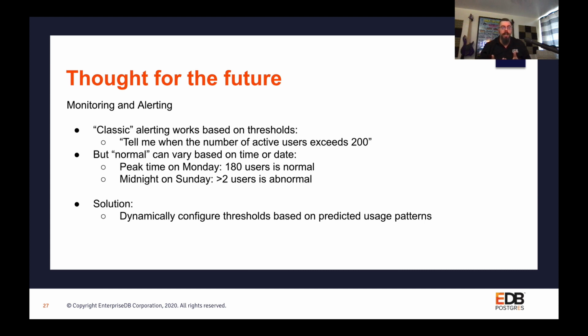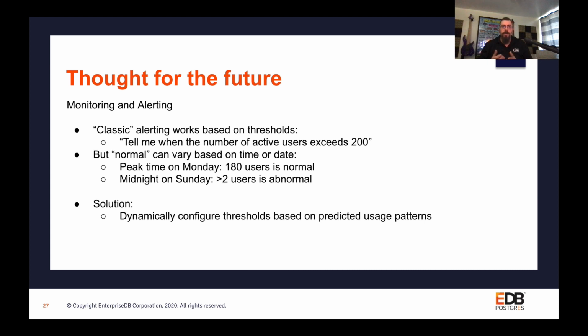On midnight on a Sunday, it might be normal just to have a couple of users. And although the system could handle the load, there might actually be some other problem that has resulted in there being multiple users at that period of time. For example, somebody might be attempting to attack the system, and you want to know about that.